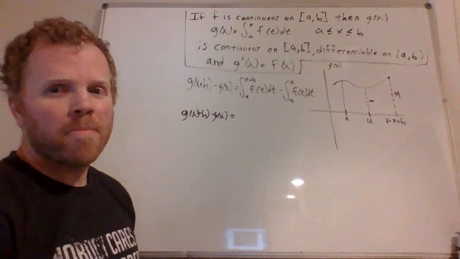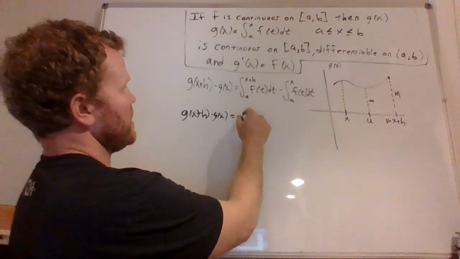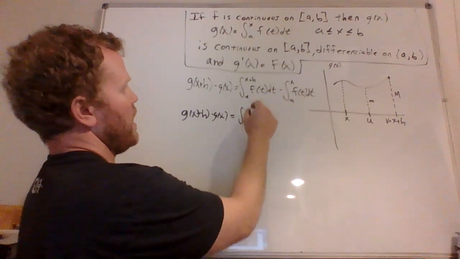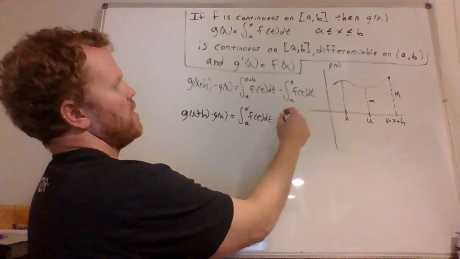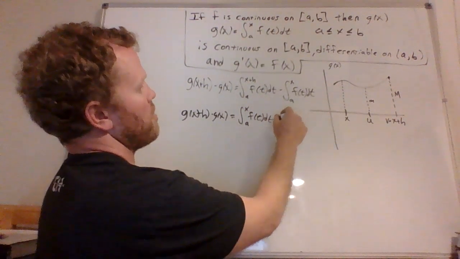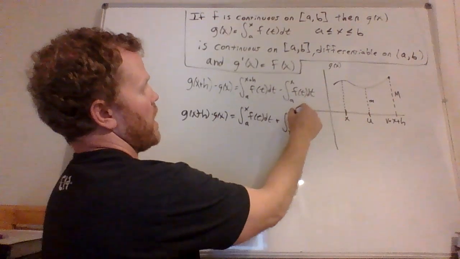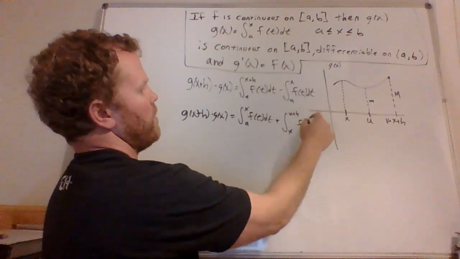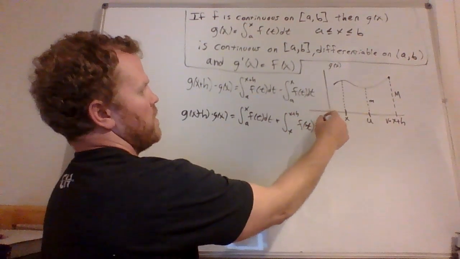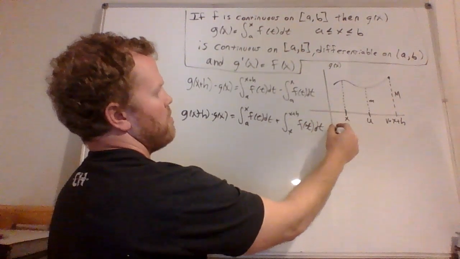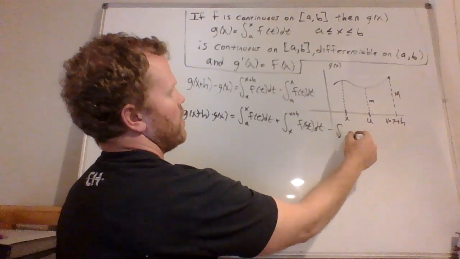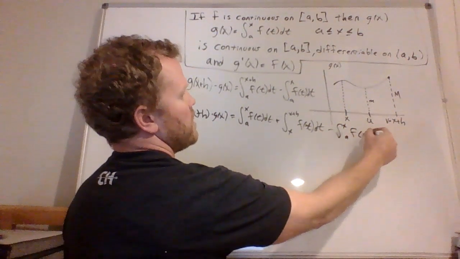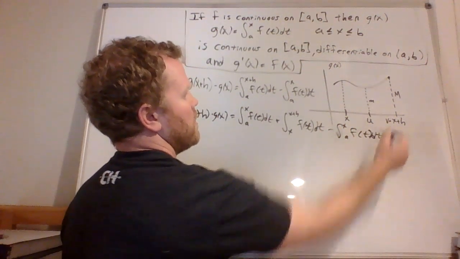So g of x plus h minus g of x is basically telling you to, we can use our properties of integrals to go from a to x of f of t dt, plus the integral from x to x plus h of f of t dt, minus the integral from a to x of f of t dt, and then we're kind of good.